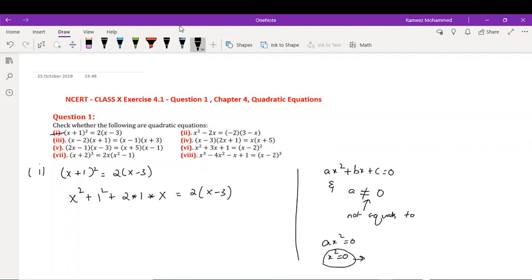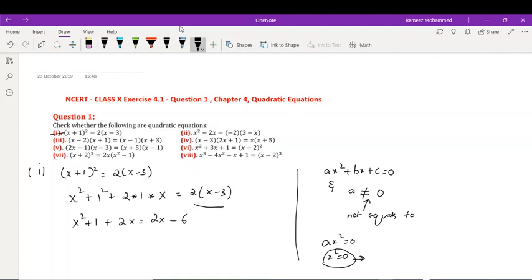Let me rewrite the above equation as x square plus 1 plus 2x, and on the right side I multiply 2 onto x minus 3, so I get 2x minus 6.